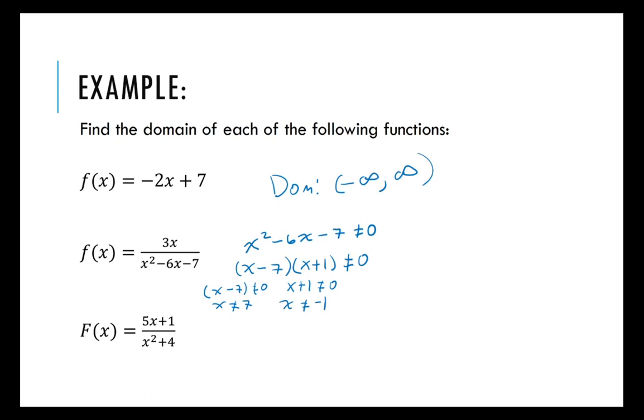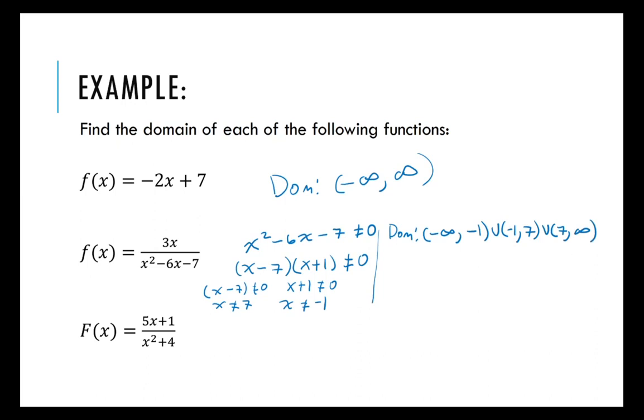And so those two values get kicked out. So we need to write everything else except those two values. If it helps you, you could graph this on a number line, put open circles at 7 and negative 1, and then write everything else. So now the domain is going to be from negative infinity up to negative 1, not including, union, not including negative 1, up to 7, not including, union, not including 7, up to infinity.